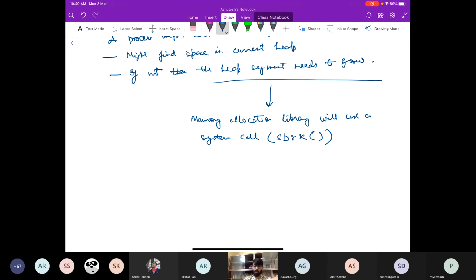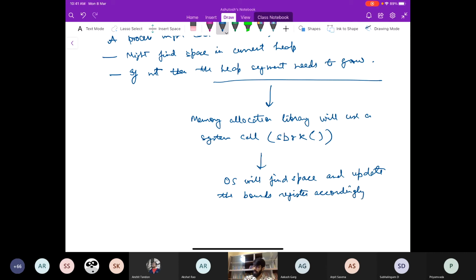So the system will switch to kernel mode. Now the OS will come into play. The OS will find more space and update the bounds registers accordingly, because now the size has increased.